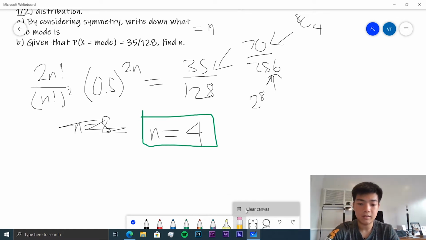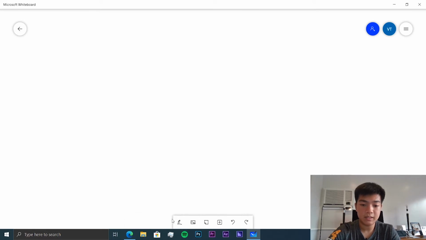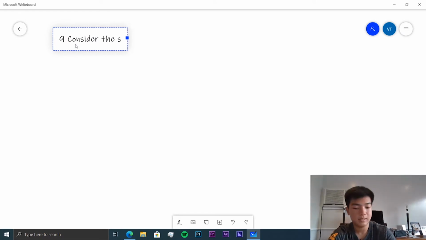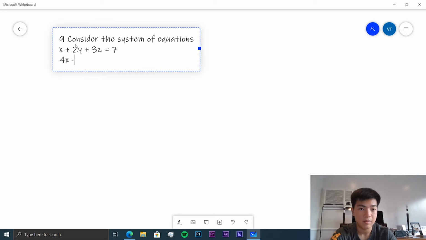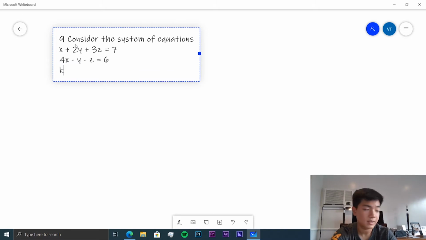On to the next question. And that one is, we need to consider a system of equations: x plus 2y plus 3z is equal to 7, 4x minus y minus z is equal to 6, and 5x plus y plus kz is equal to 12.